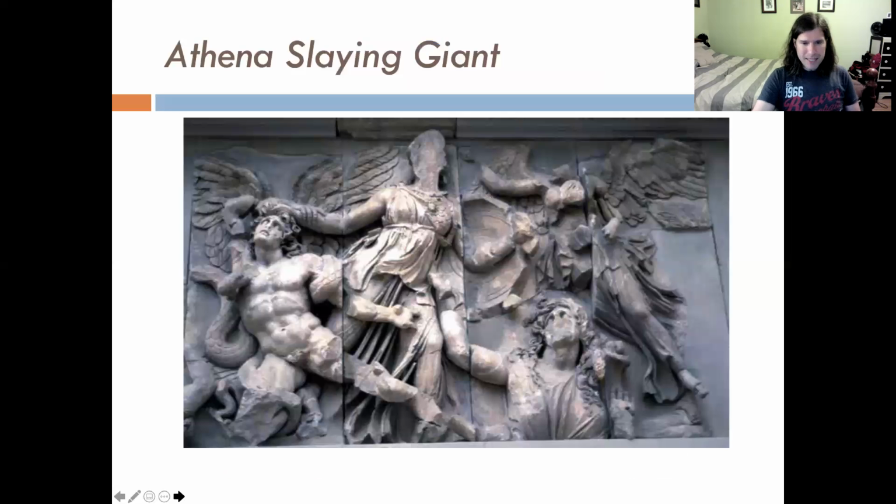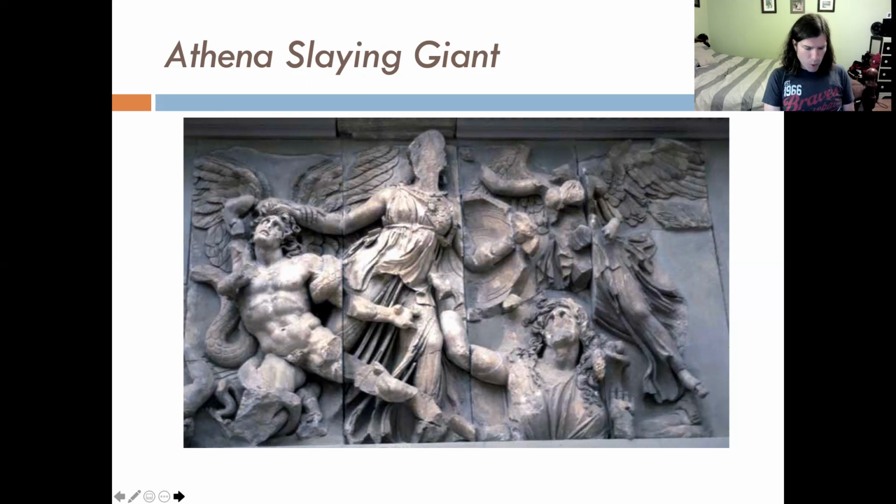What it is depicting is a story, the story of the gods versus the giants, the Olympian gods versus the giants. Now, what we're looking at here has clearly been damaged, but we're looking at Athena. She is the main figure there.